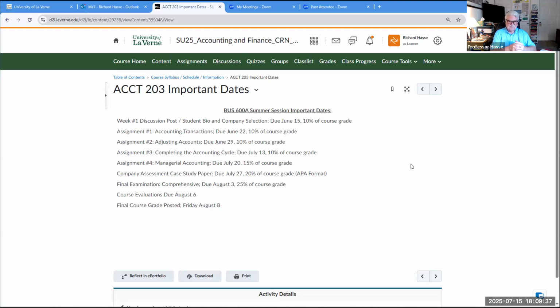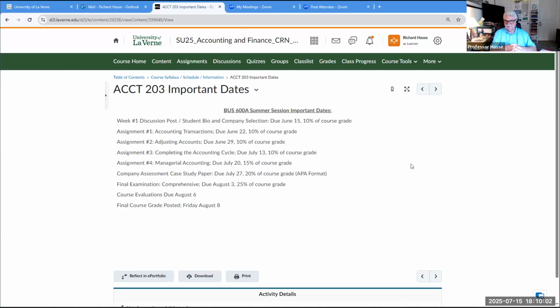Now, as I mentioned before, assignment 4 is posted this week. You're doing some statement of cash flow work in regard to the specific company that you selected for this course, and that's covering chapter 12. I'll go over assignment 4 in just a minute. You also have the case study paper, which has been posted for a couple weeks now, which is also on the company that you designated for this class.